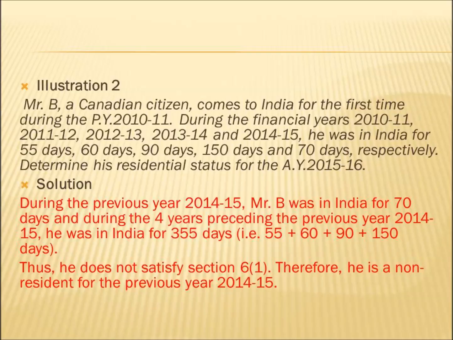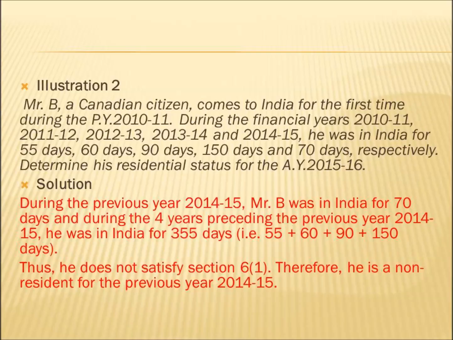And during the 4 years preceding the previous year, that is 10-11, 11-12, 12-13, and 13-14, these 4 years, the total stay should be 365 days. But we calculate it and we get that for these 4 years preceding the previous year 14-15, the stay in India was for just 355 days. So the second condition is also not being fully satisfied. The 60 days condition is being satisfied, but the 365 days condition is not being satisfied.